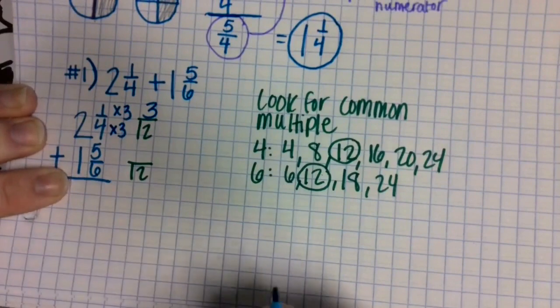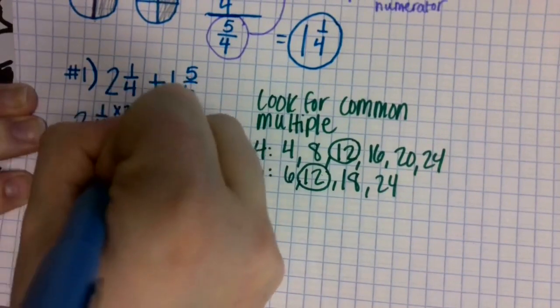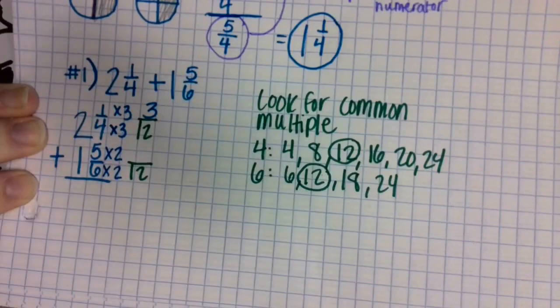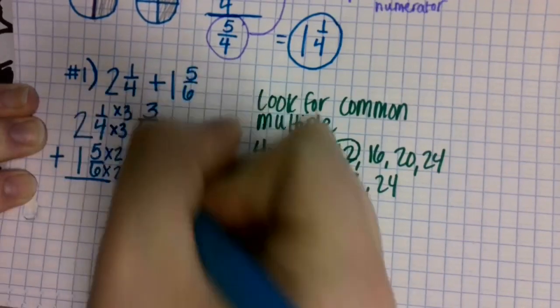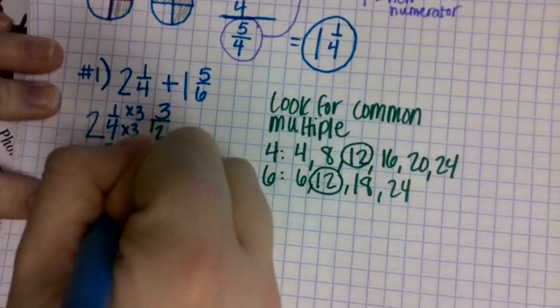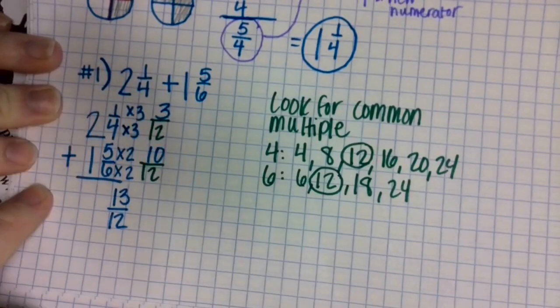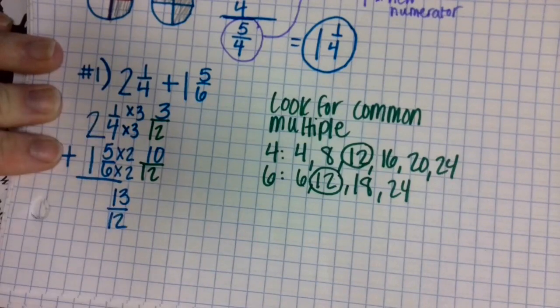Now I've got to go from 6 to 12 in multiplication. That's just multiply by 2. So multiply the numerator also by 2. That gives me 10. 3 plus 10, 13 over 12. And then I'm going to add my whole numbers.